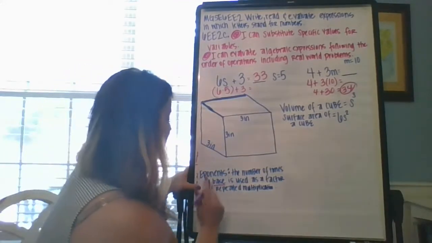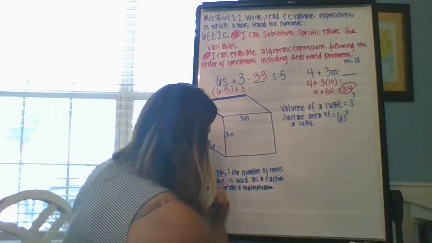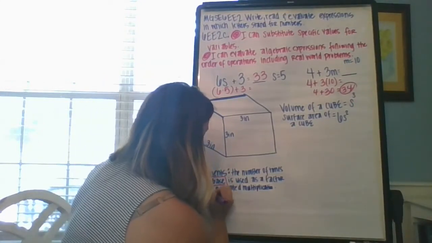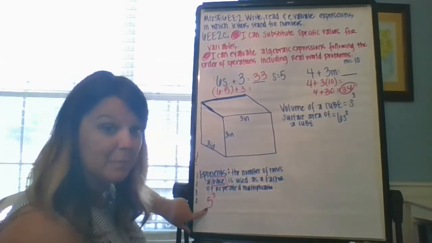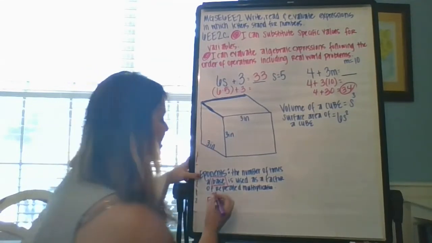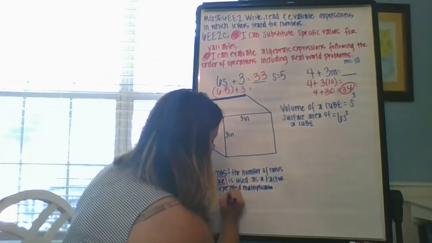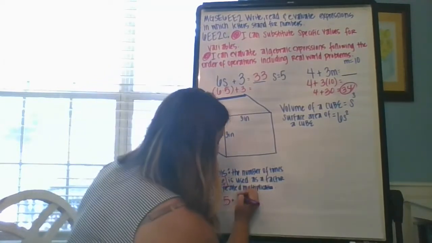So in this case, if I was given the problem of 5 to the third power, the 5 is the base and the 3 is the exponent. The exponent tells us essentially how many times I'm going to multiply the number, the base, times itself.